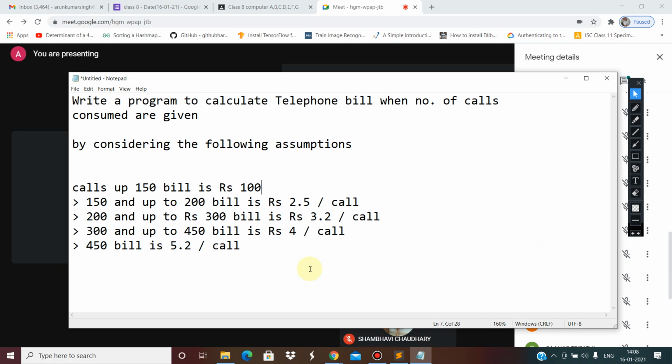You need to input the number of calls and calculate the bill, considering this specification.